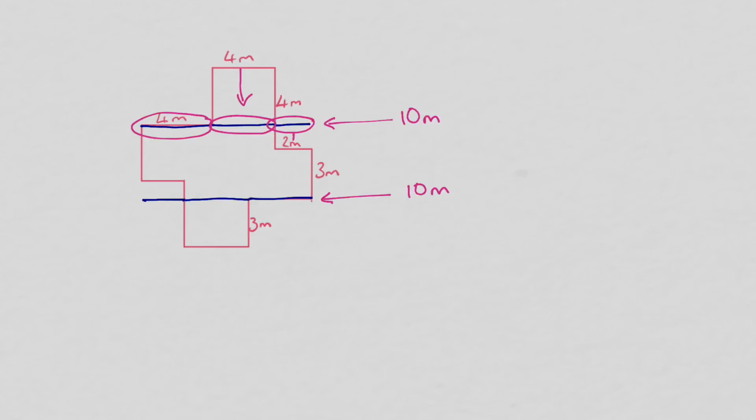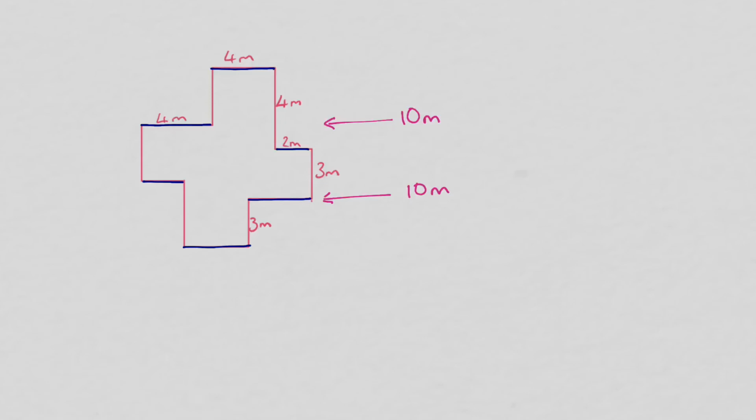Okay, I'm going to do some rubbing out just now. What we've said is that we've taken account of that line, and that line, and that one, and that one, and they were 2 lots of 10 metres.